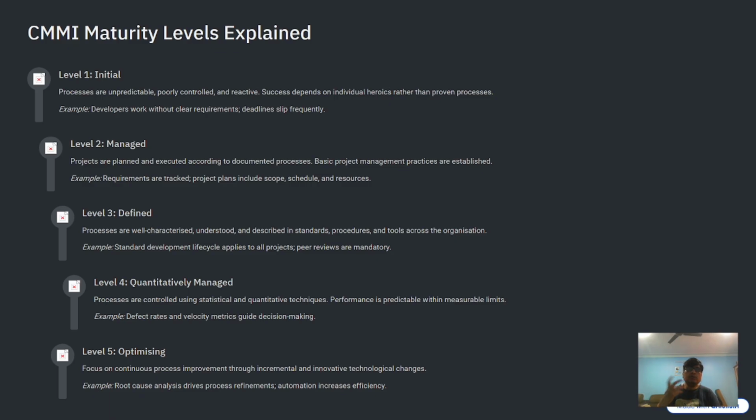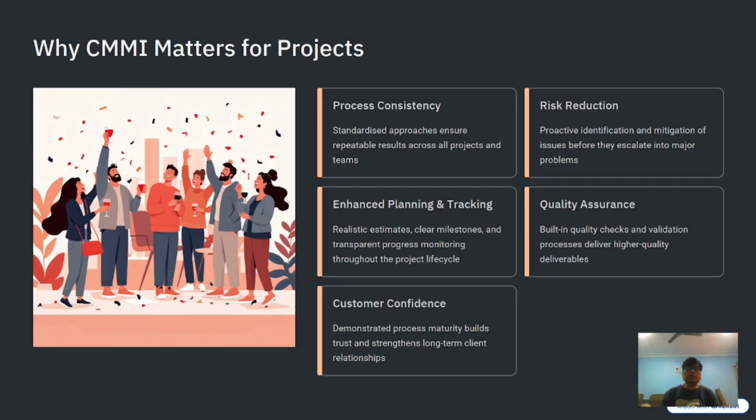We're doing the root cause analysis of the project. Let's predict and optimize it. We are bringing automation into it. Let's bring innovative automation into the project. So these are all the optimized ways of things which can be brought up at the highest level, level 5 of the CMMI.